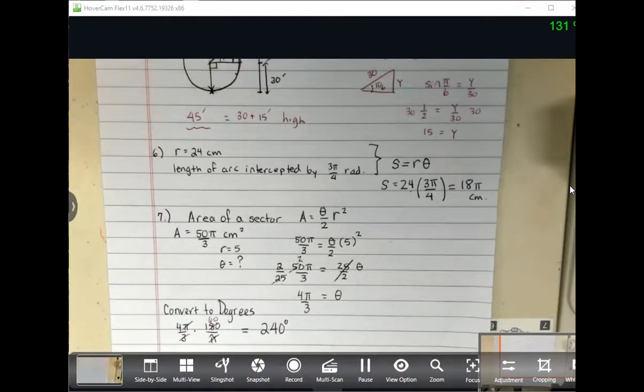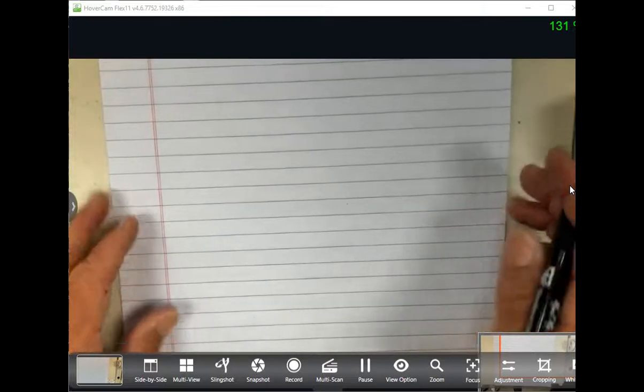The next two I want to do are the two graphs at the end, where you had to come up with the formula for the graph. And so one of the graphs looked something like this.